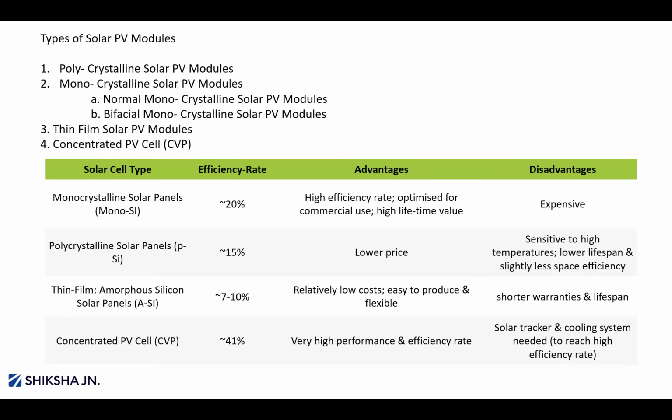Earlier, up to 2017, 2018, even up to 2020, all Indian manufacturers and developers were using only polycrystalline modules. After that, solar developers started using monocrystalline modules. Why?